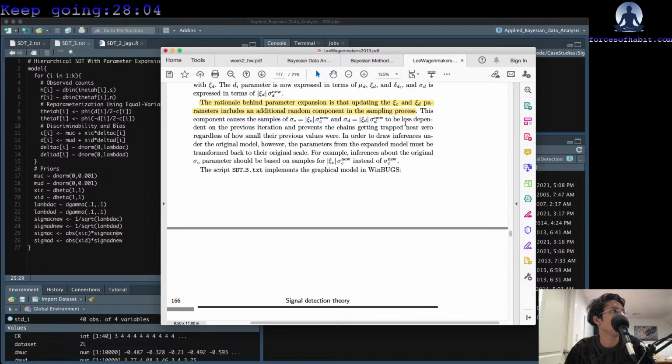In doing so, though, we need to make sure that we're rescaling back. We can't just interpret the new sigma nu. We have to interpret sigma nu multiplied by the absolute value of our parameter expansion tool, I guess that's what I'd call it.